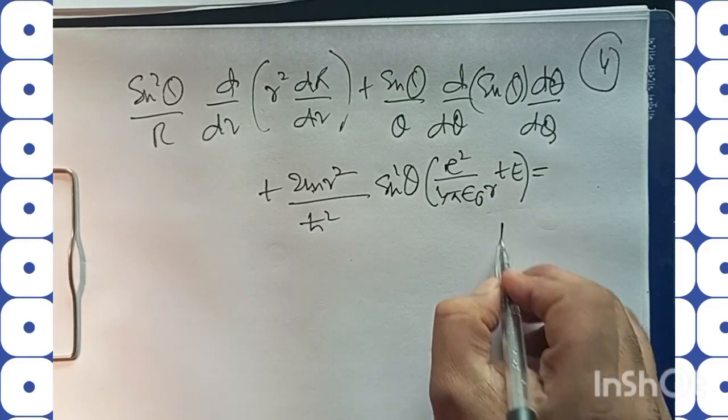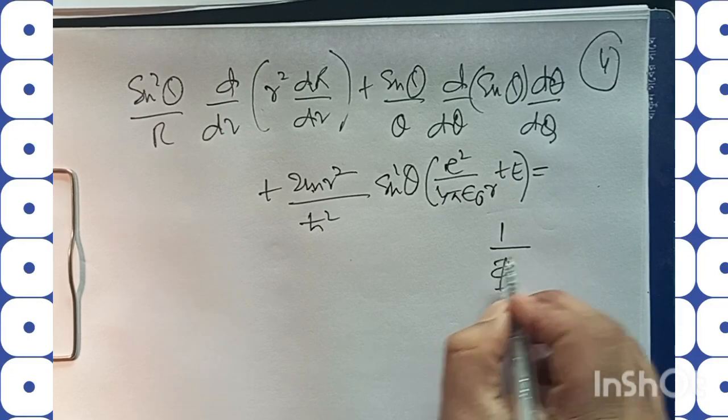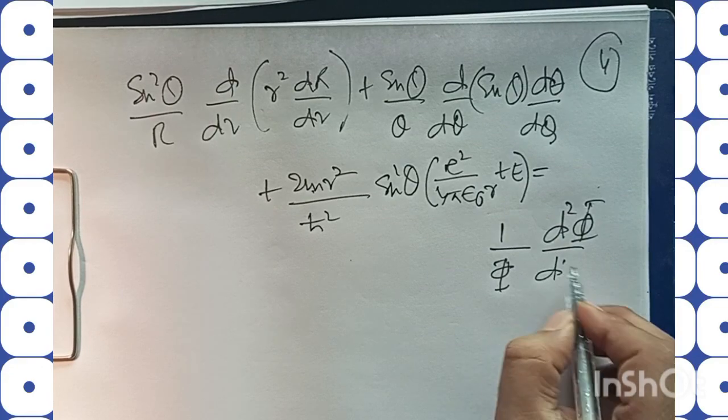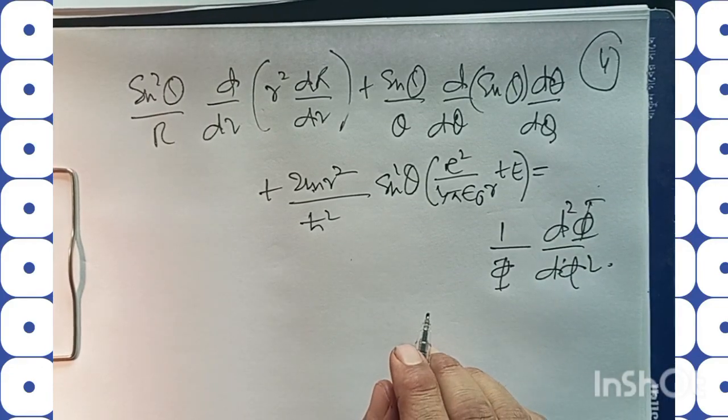This is equal to 1 by phi d2 capital phi by d phi 2, the small phi that we have.